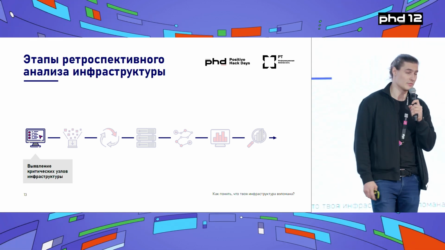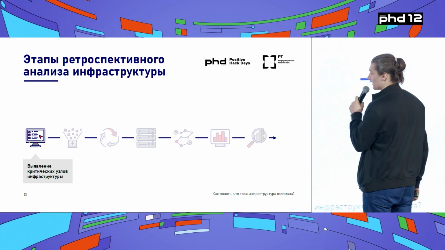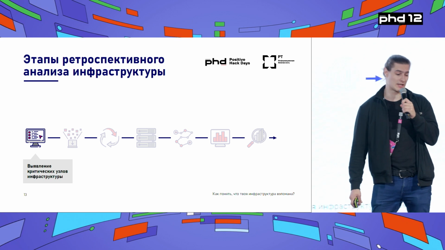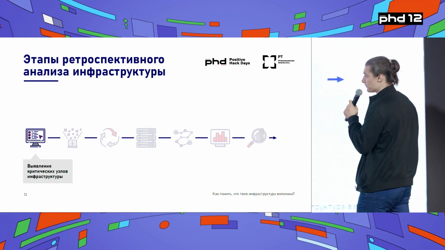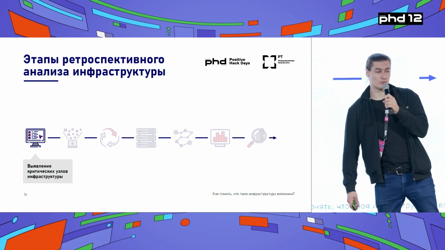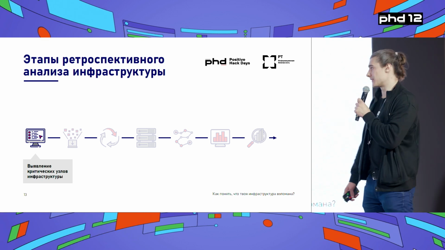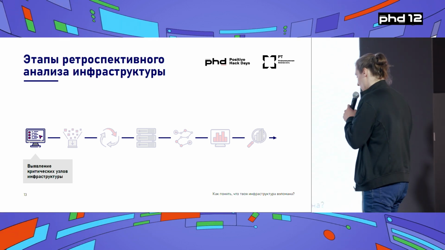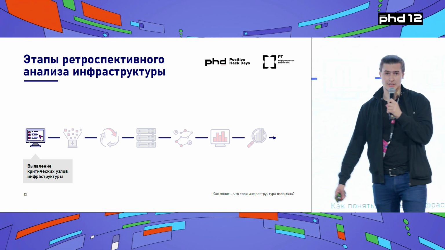First of all, we identify the critical nodes of infrastructure. The hosts with most of the alerts or other information security systems. It would depend on the infrastructure of that specific client, on their resources.